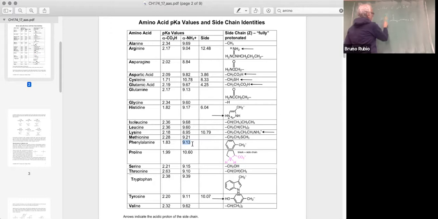All right, so that's 9.13. Another thing that this table is telling me is the side chain. And so the side chain for phenylalanine is benzene CH2. And I see a little line there. That does not mean a charge. That is a bond. So at the alpha carbon of the alpha amino acid, I have a benzene and a CH2. See this little line here?